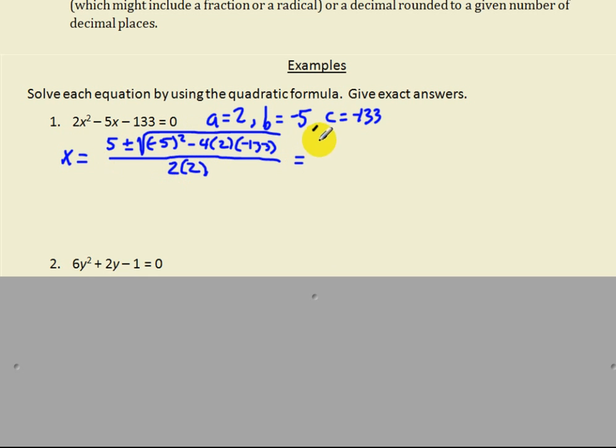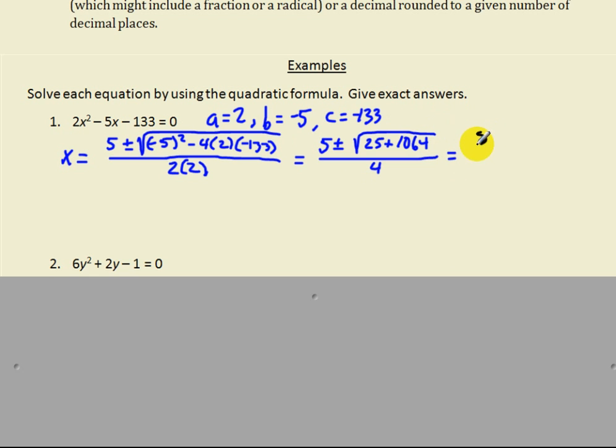So then we crunch away: 5 plus or minus the square root of 25. Remember, when we square a negative, it's a positive 25. And here we're going to be subtracting a negative, which in effect is like adding a positive, and we get 1064, all over 4.